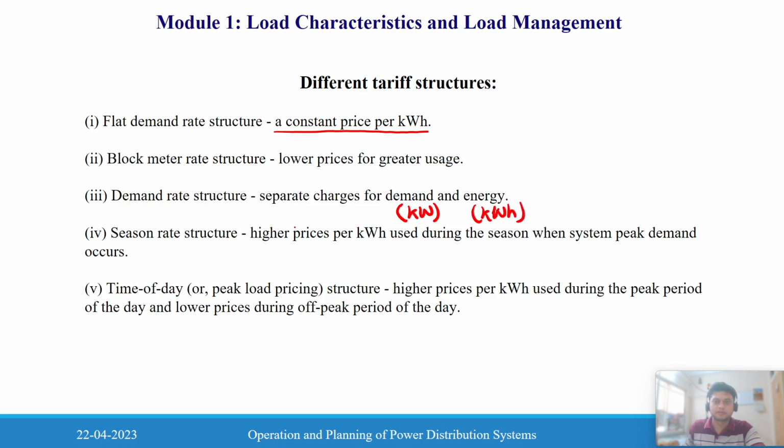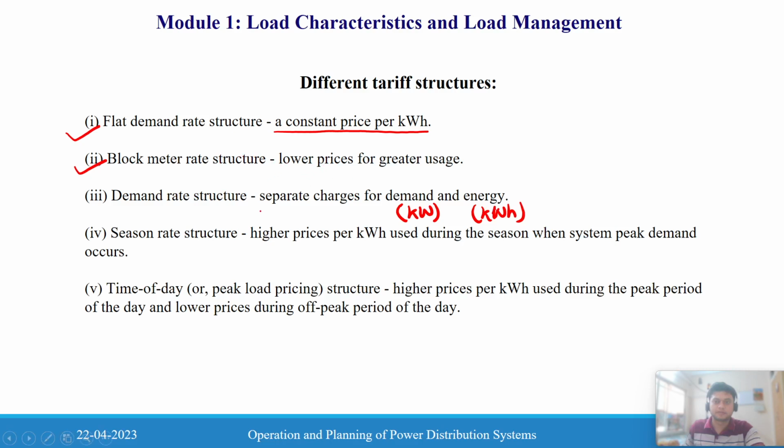Seasonal rate structure means higher prices per kilowatt hour used during the season when system peak demand occurs. And the time of day or peak load pricing structure means higher prices per kilowatt hour used during the peak period of the day and lower prices during the off-peak period of the day. This one is very important. In the block meter rate structure, what happens?